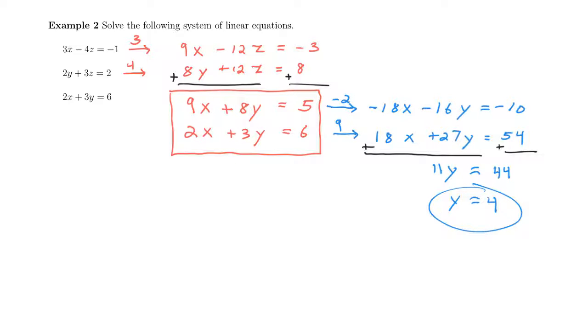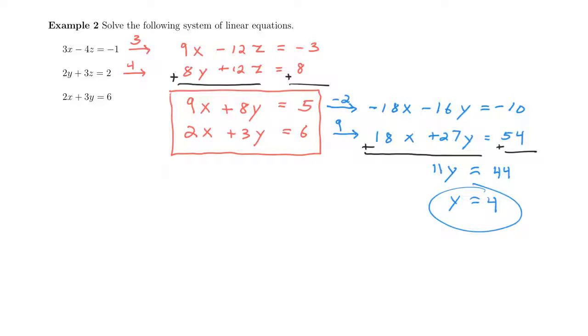So all we need now is the corresponding x, and then the corresponding z is the only other thing that we don't have. So this time, I need to look for an equation that has both an x and a y in it, and no z. This will allow me to solve for x. I'm going to choose 2x plus 3y is equal to 6.